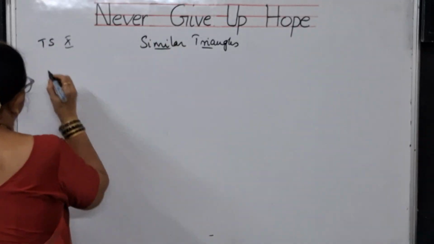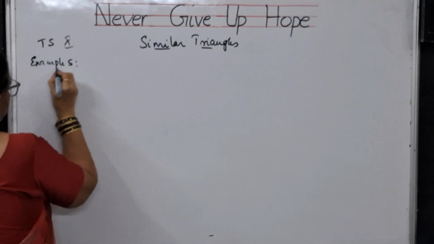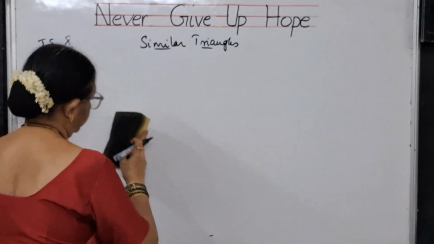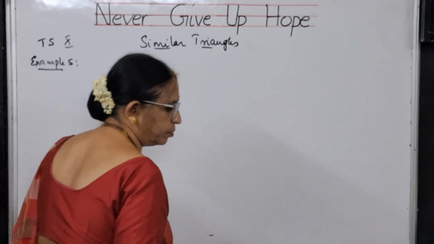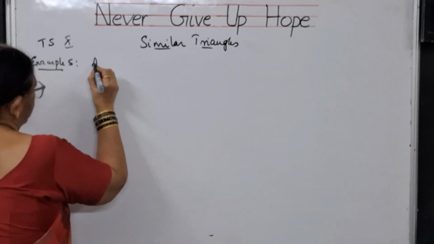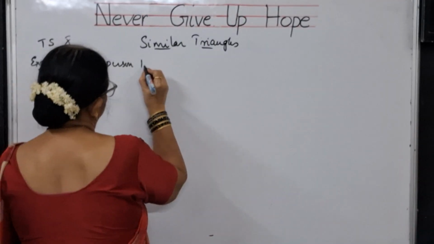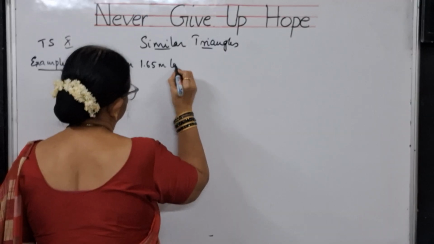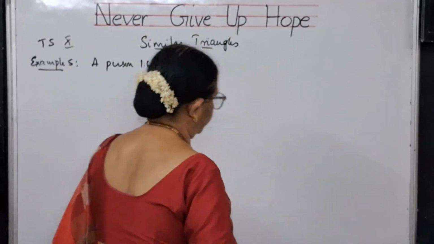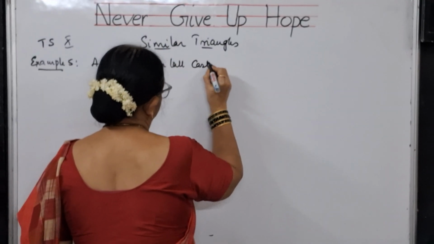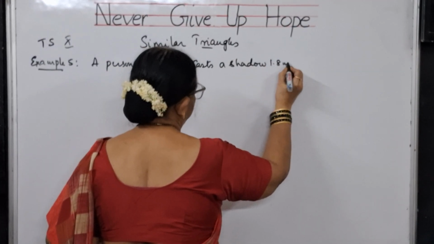Example 5. A person 1.65 meters tall casts a shadow of 1.8 meters.